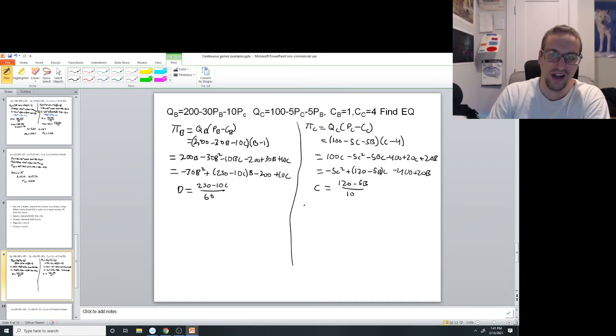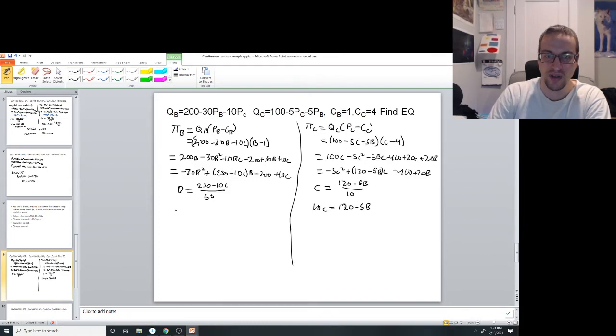All right. Now you might think this is ugly, but it's actually not. It's actually kind of nice. There's something nice about this, which is that 10C equals 120 minus 5B, and we can plug that directly over here.